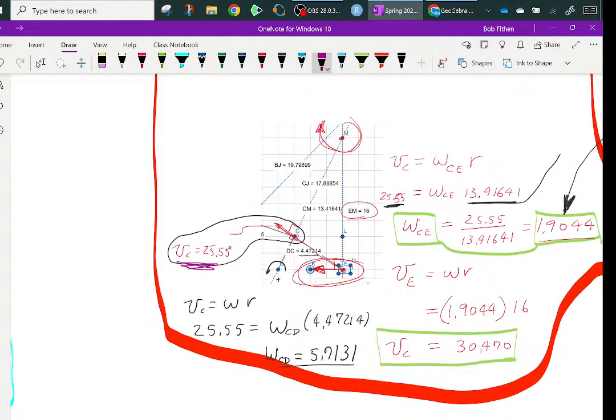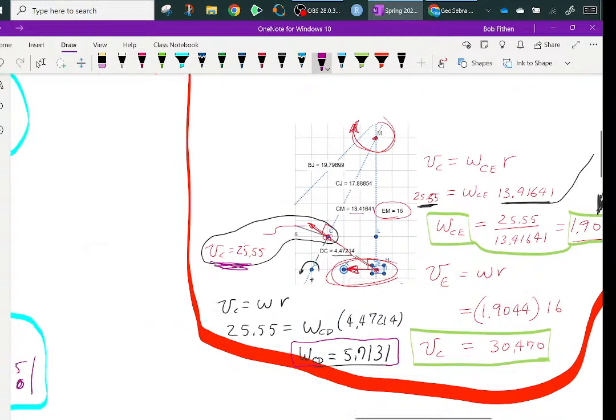In the distance, CM was 13. And velocity C, omega CD, was the omega CD correct? 5.7.